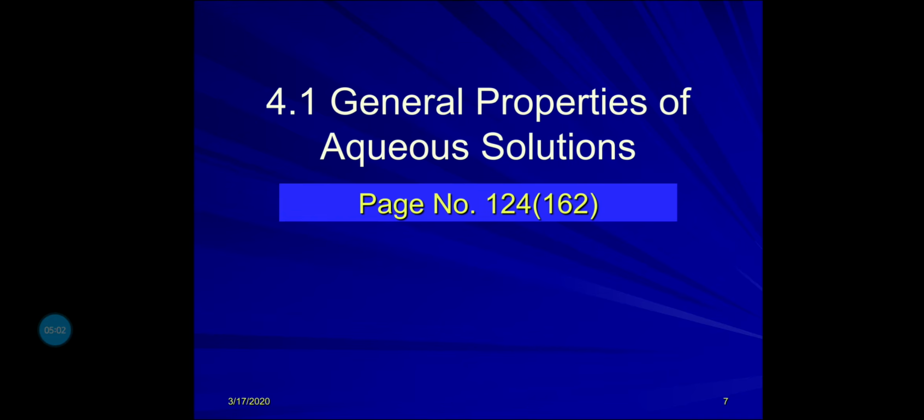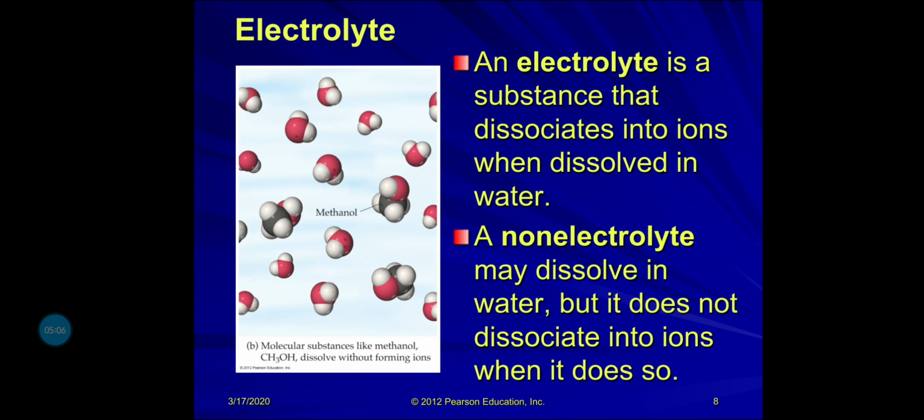General properties of aqueous solution. An aqueous solution could be an electrolytic solution or a non-electrolytic solution. And what's electrolyte? An electrolyte is a substance that dissociates or forms positive and negative charges inside water.